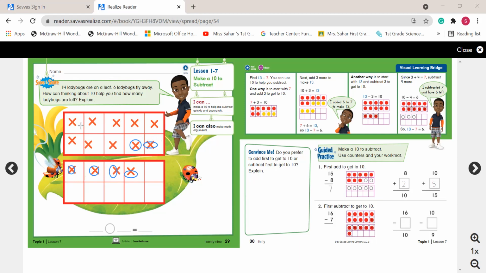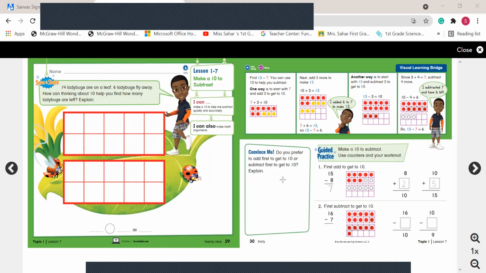Can I count how many I have? 1, 2, 3, 4, 5, 6, 7, 8. So if I start from my smaller addend, or I start using my bigger addend, both ways, it has to give me the same answer. All right.